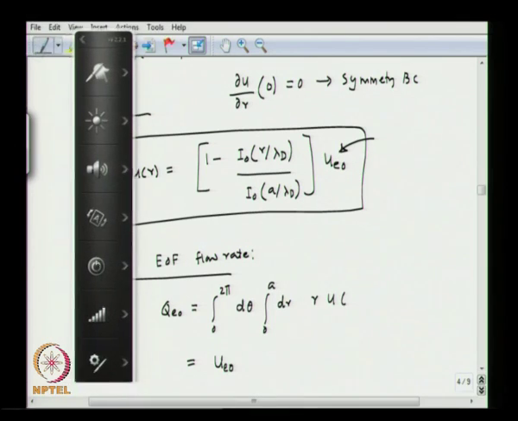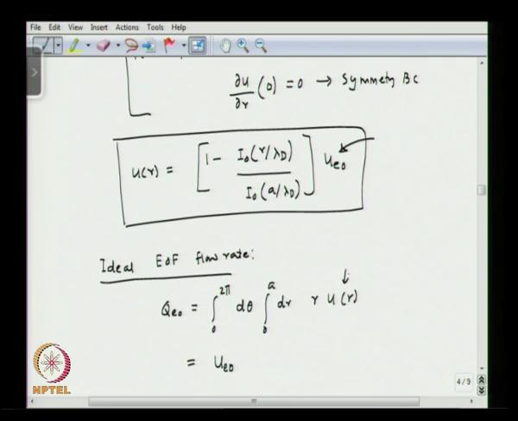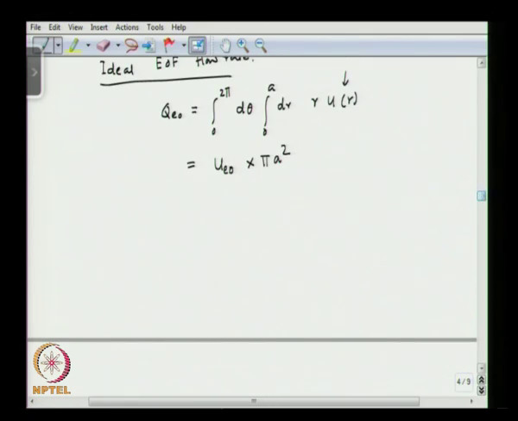Now, if we impose the condition that lambda d is less than a, then u of r would become u EO. Under that condition we can integrate this to get u EO into pi a square. So, the electroosmotic flow rate is equal to u EO into the area of cross section.